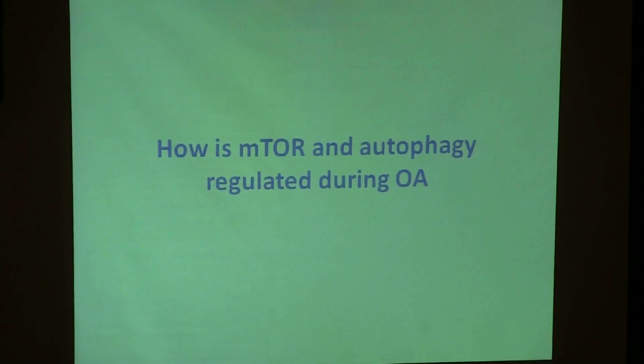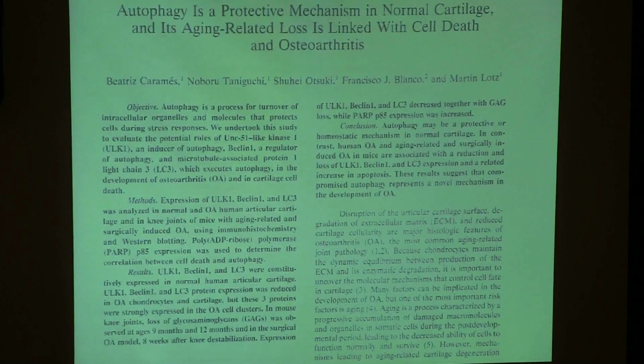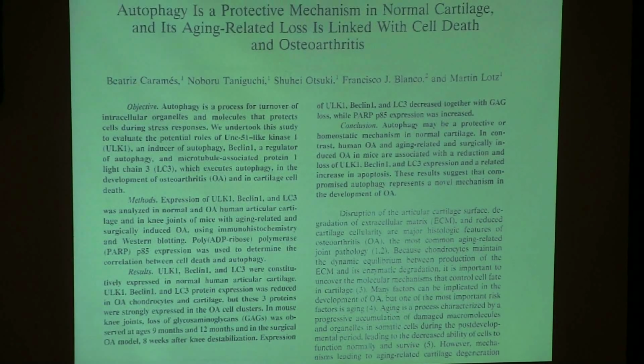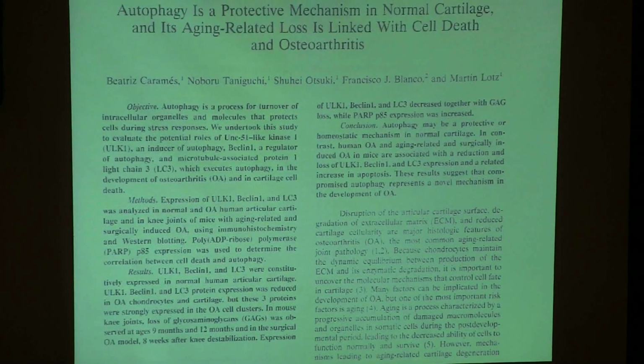Now, how are mTOR and autophagy regulated during OA? There are a couple of studies performed elegantly by Dr. Lotz from Scripps Research Institute in La Jolla. They showed that during osteoarthritis, the process of autophagy is compromised. That means when you have degraded cartilage, its ability to survive is compromised, and this is probably due to not only the cells dying, but something happening before apoptosis, which is that these cells are losing their ability to survive.